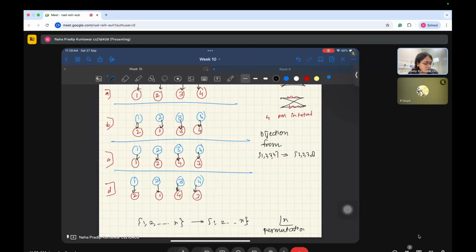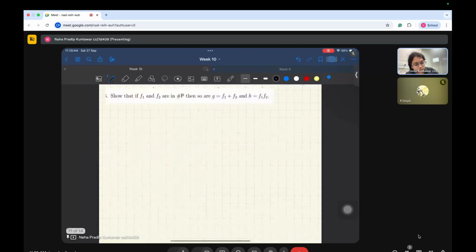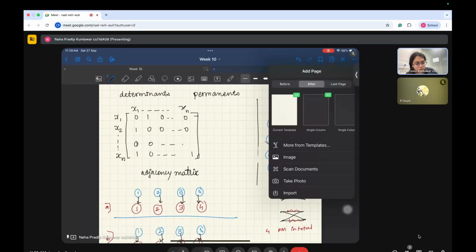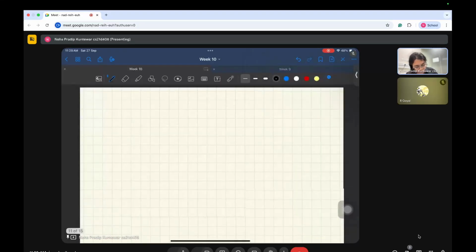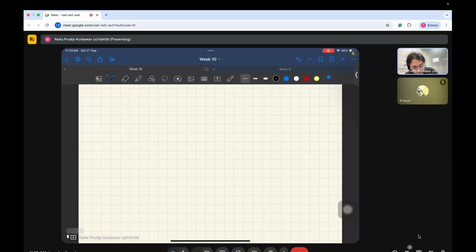Now what we'll do is, for each of them, let's say that pi is some permutation from 1 to n. And we observe that there are n factorial many permutations.